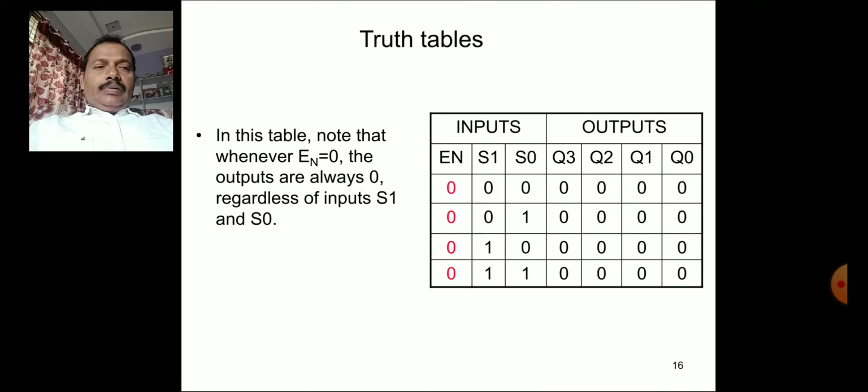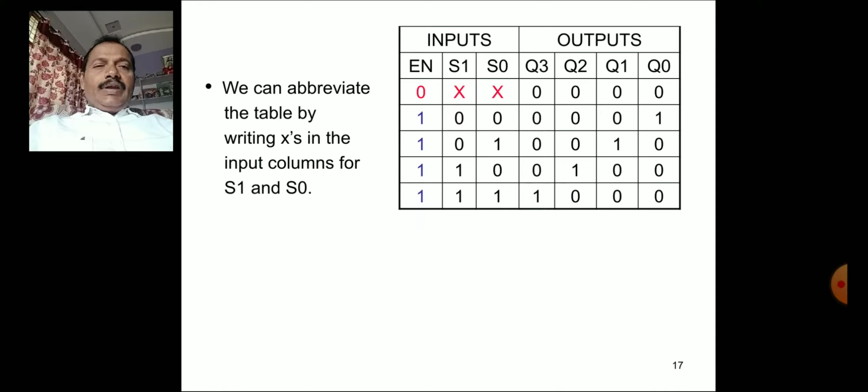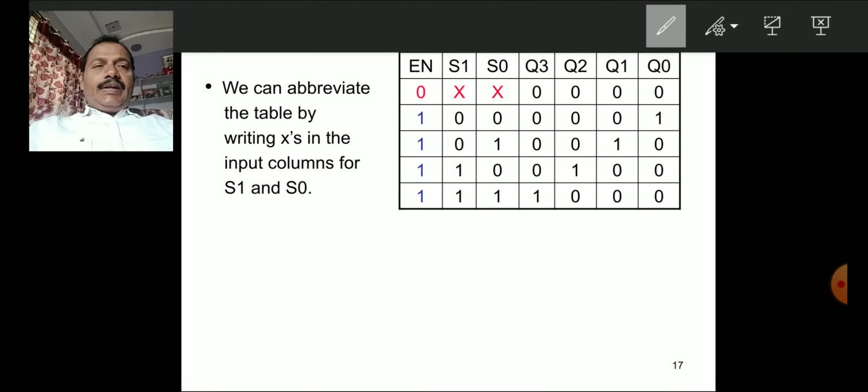So in this table, enable equals 0 means the outputs are always 0. We can abbreviate the table by writing x's in the input columns for S1 and S0. So the table is simplified like this.